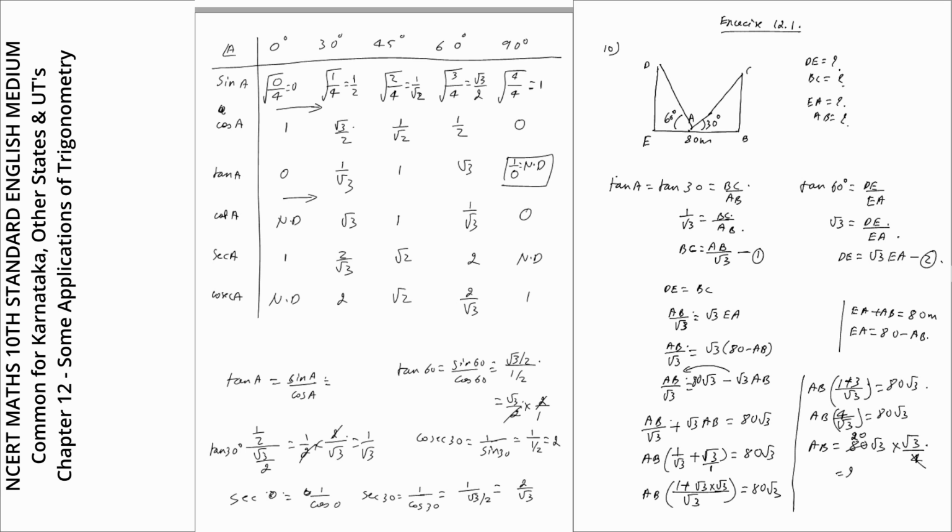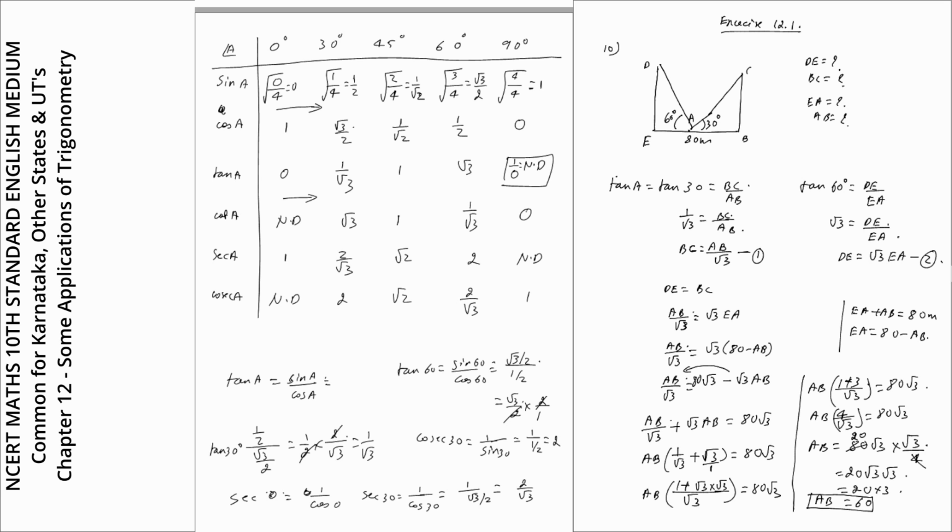So I'll get 20 into root 3 into root 3. So root 3 into root 3 is again 3. So 20 into 3 is 60. So AB is equal to 60.